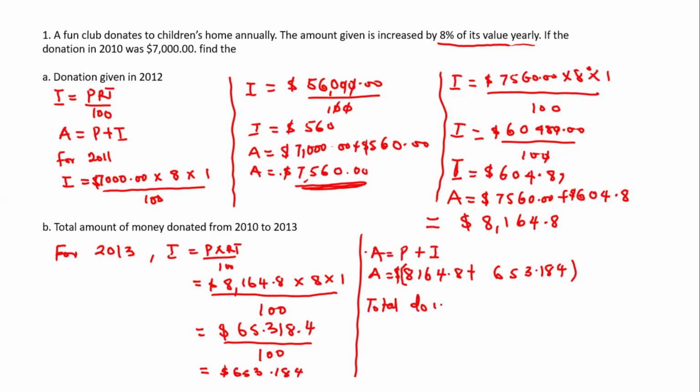So therefore, the total amount donated from 2010 to 2013 will be equal to: the first amount in 2010 was $7,000. Don't forget that, $7,000. Then in 2011, $7,560 was donated. Then in 2012, $8,164.8 was donated.